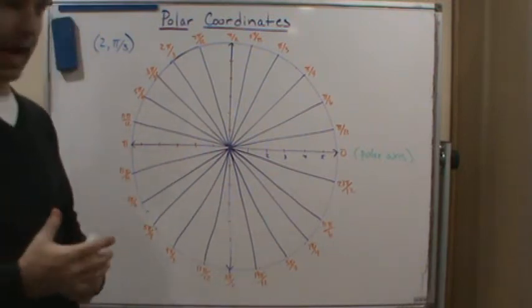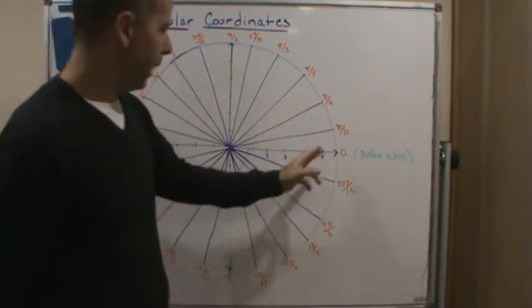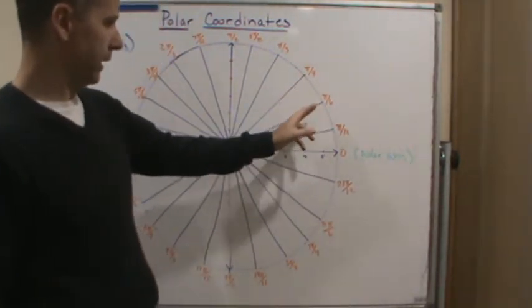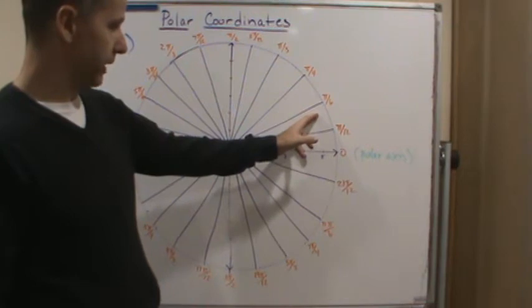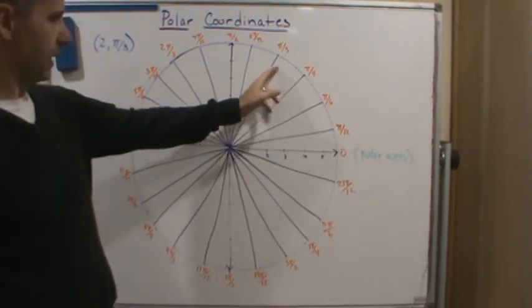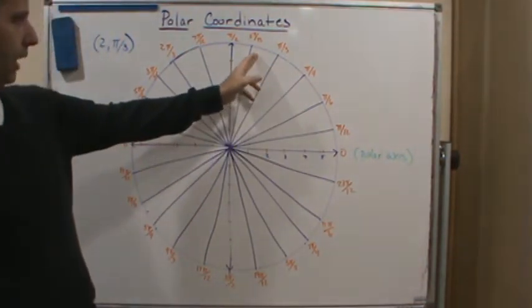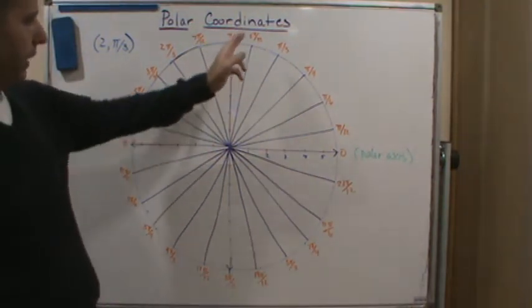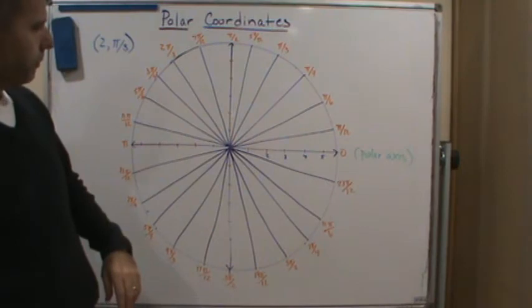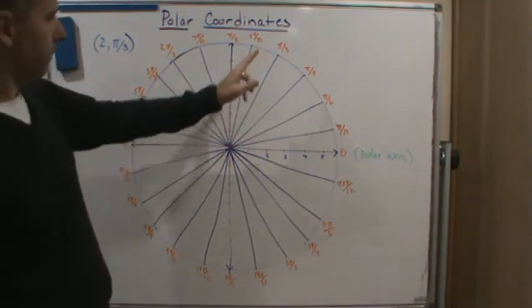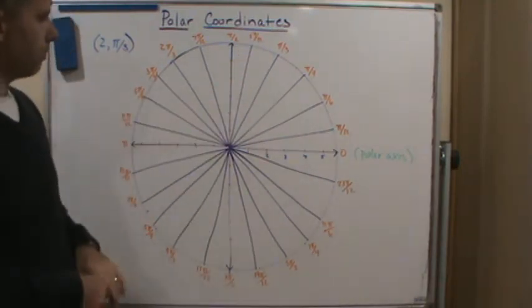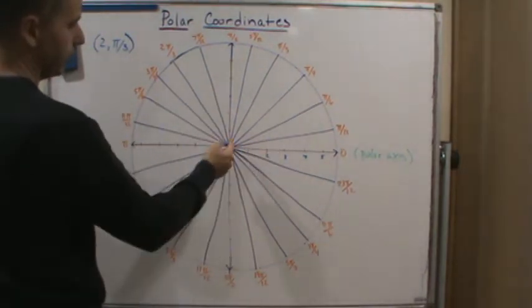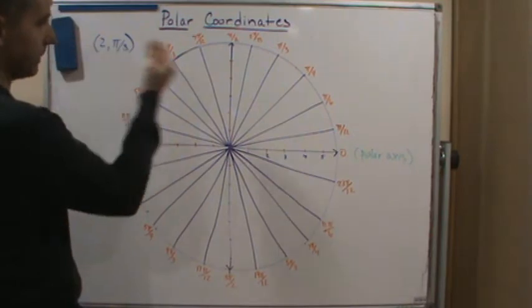Pi over 6 is 30 degrees, pi over 4 is 45 degrees, then 60 degrees, then 5 pi over 12, and then of course 90 degrees, and it keeps going.